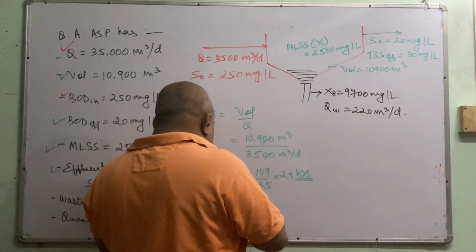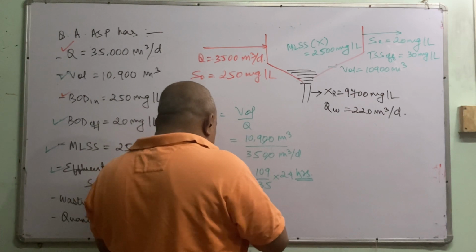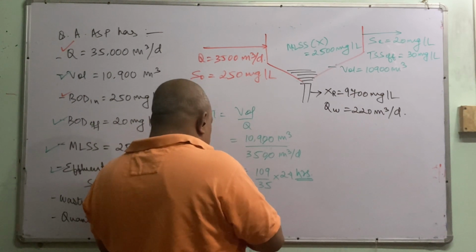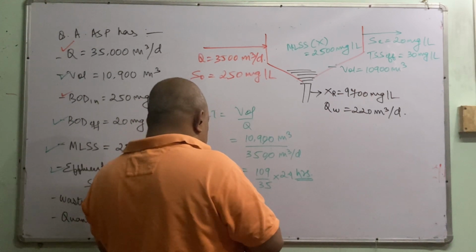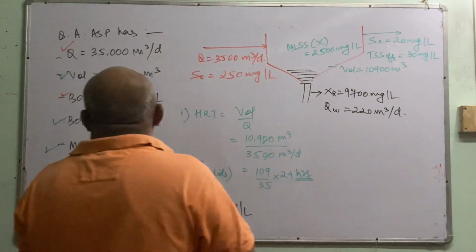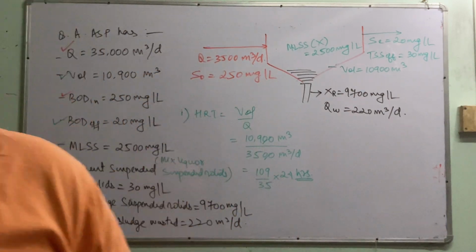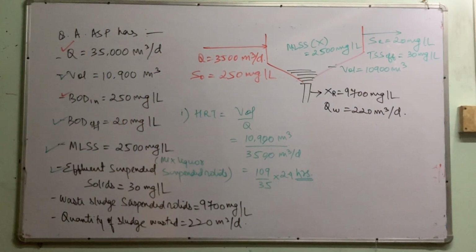Finding the calculator app on a mobile is another thing for me. Is the question correct? 35,000.